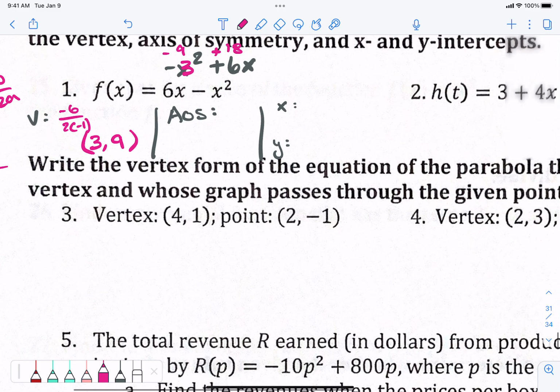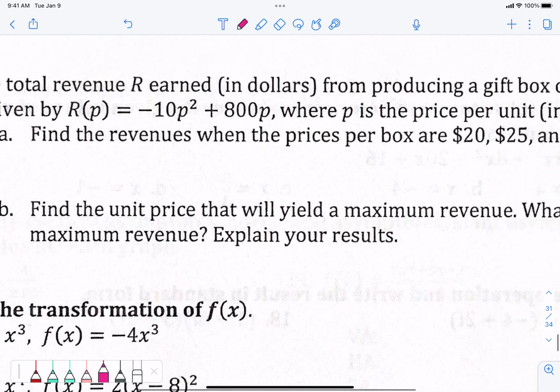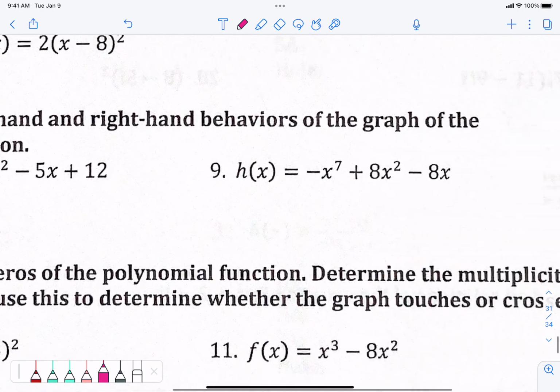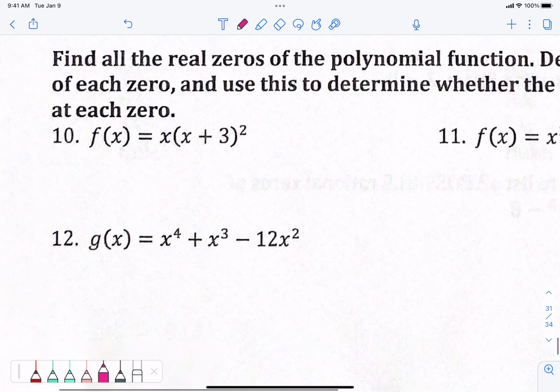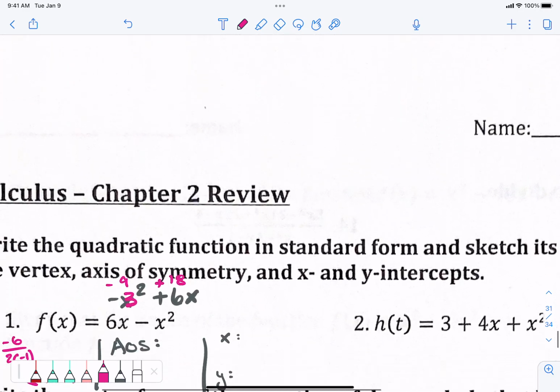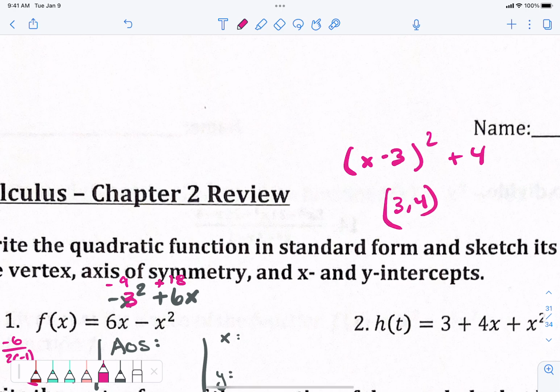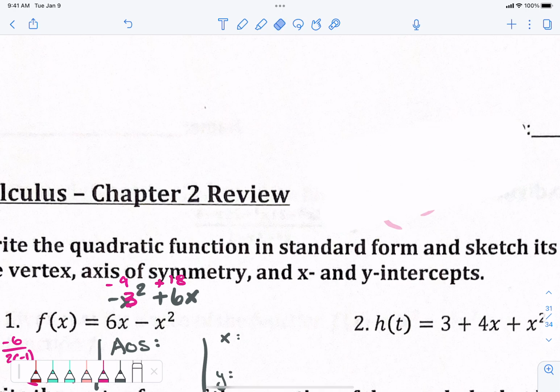If it's in vertex form, there is no b. Like you learned in trig, with something like plus 4x minus 3, you don't have to use b over 2a to find the vertex. The vertex is just 3 comma 4.